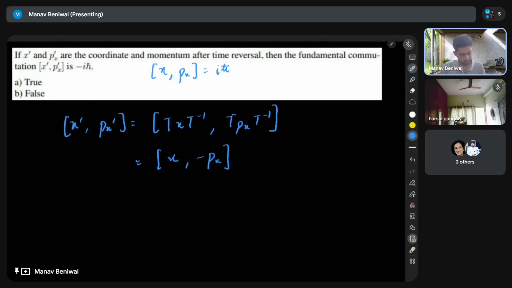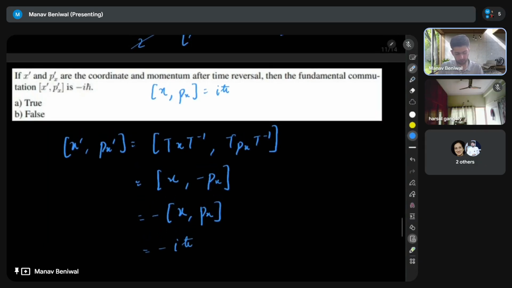So we can write it as minus x comma px, and this we know is i h cut, so this becomes minus i h cut. So this statement is true. Is this clear? Okay.